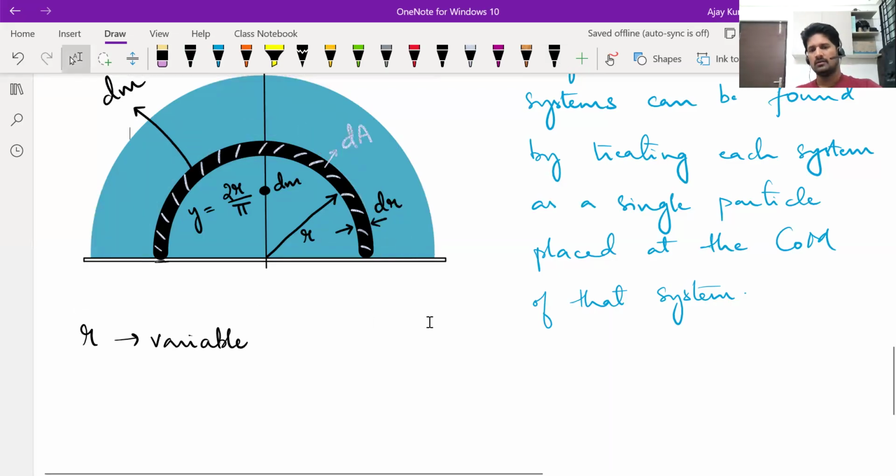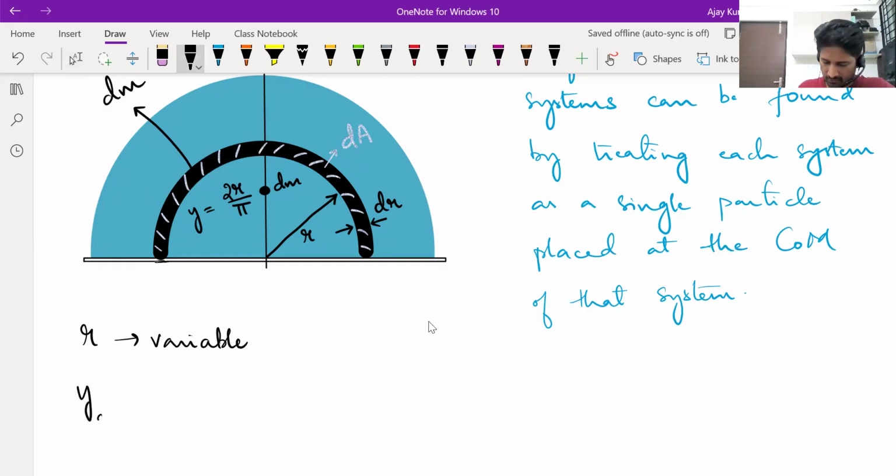So each arc is a system and there are infinite such systems. So if you want to find the position of center of mass of this combination of arcs, you'll have to do integral of y dm. What is y? Y coordinate of a particular arc. What is dm? Mass of a particular arc, divided by integral dm. Integral dm is the total mass.